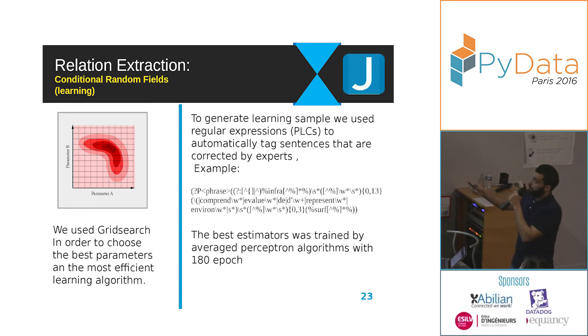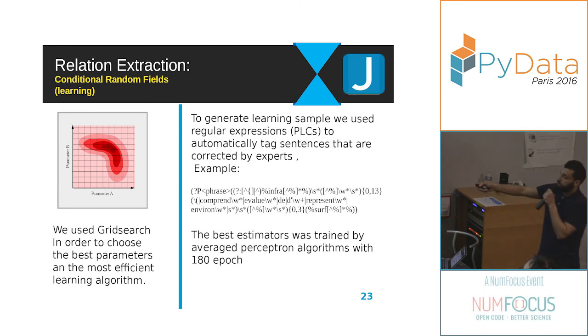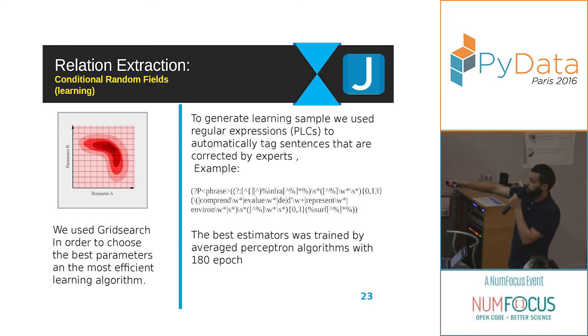So what we did is use regular expressions to generate some links on texts, and after that, some experts verify whether those links are good or not. The best estimator was trained using the averaged perceptron algorithm with 180 iterations.